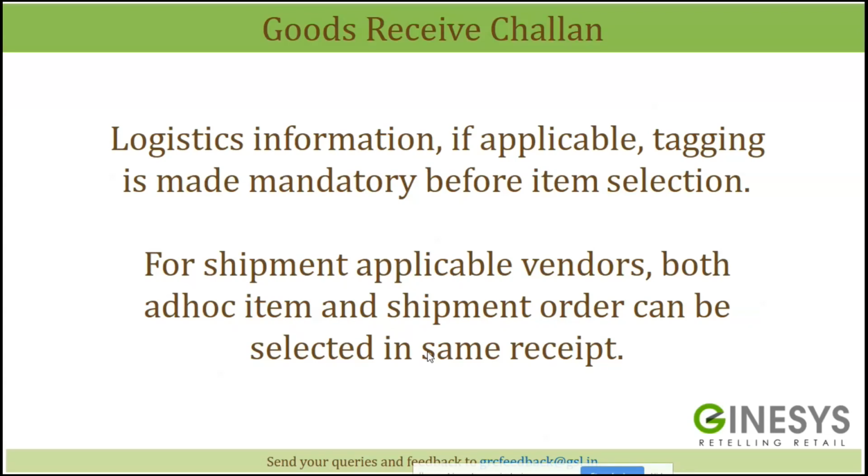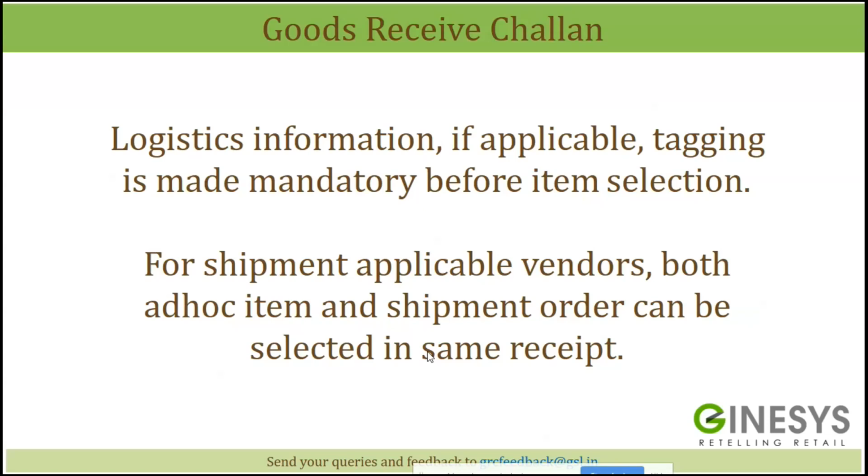Now, the flexibility that we are providing over here in web is, along with that tagged logistic for shipment, if any ad hoc item is received, then that can also be received in the same transaction. If items for any other order are also sent along with that logistics, they can also be received in the same entry.